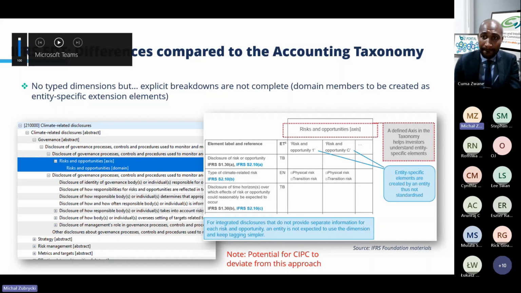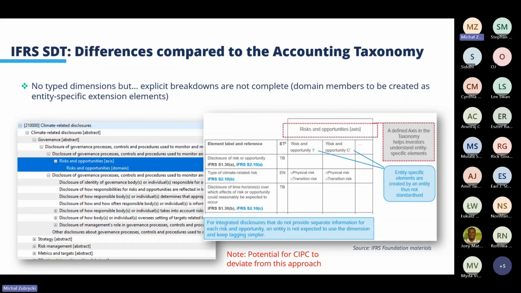So one note on that, a really good question on how to review later on the information disclosed.